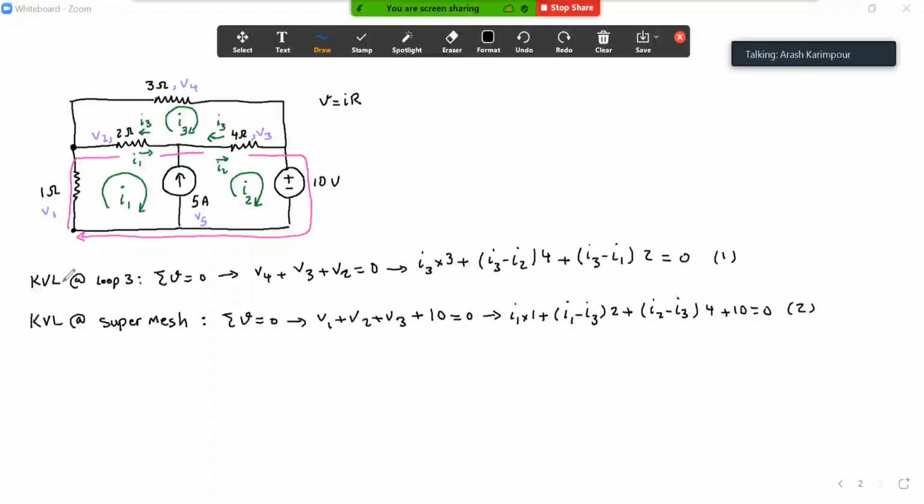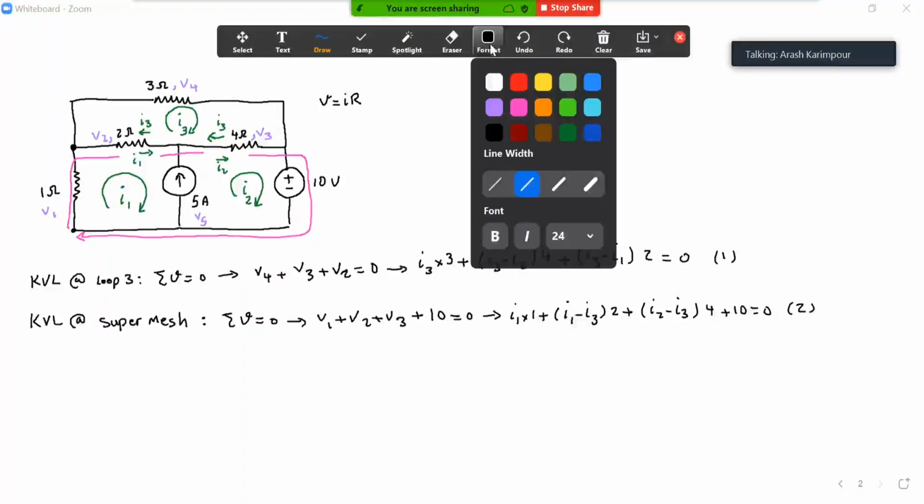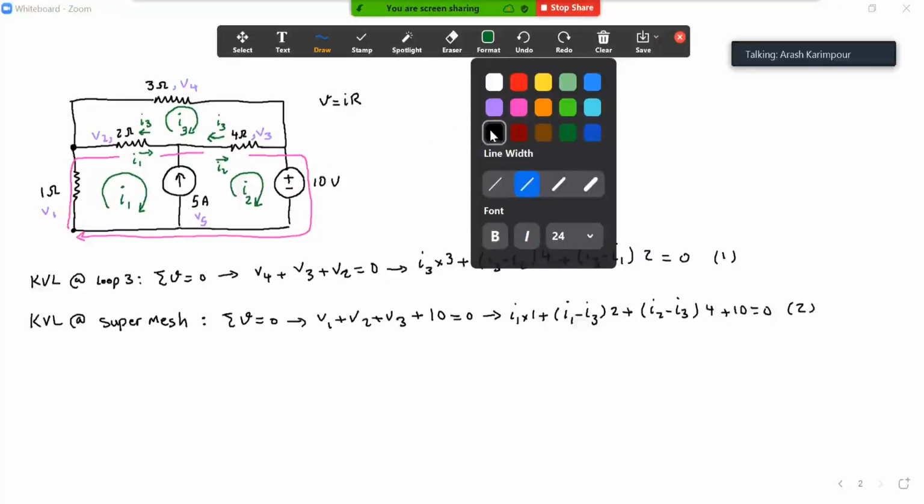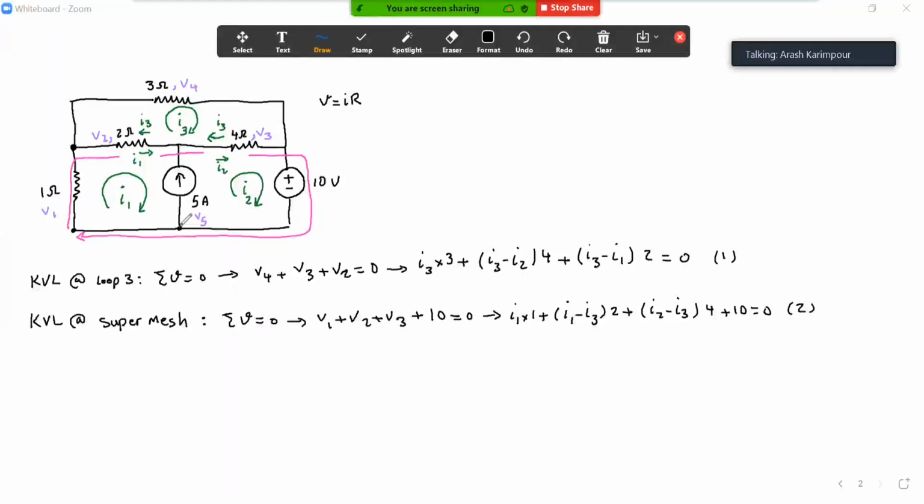To find the third equation, we have to go ahead and see inside our circuit where we can find another equation. One way to look at it is to look at these 2 nodes, from here to here.